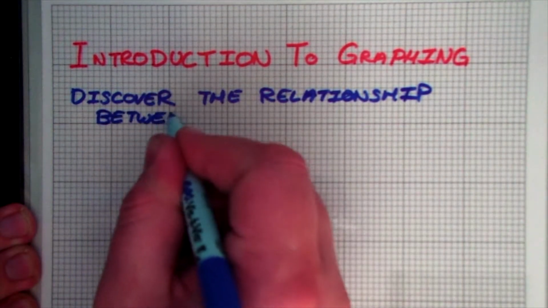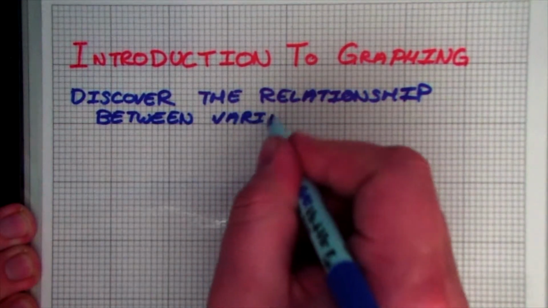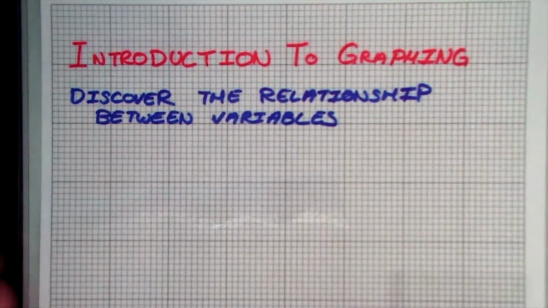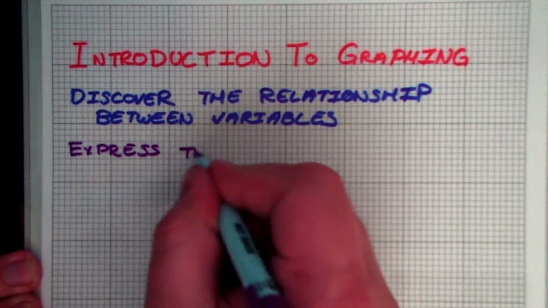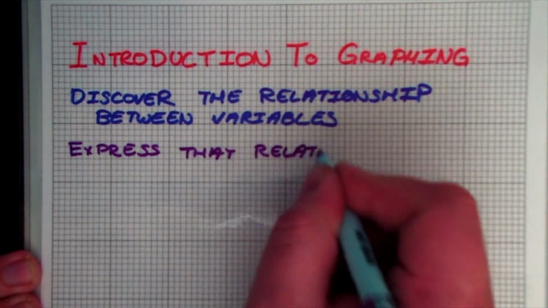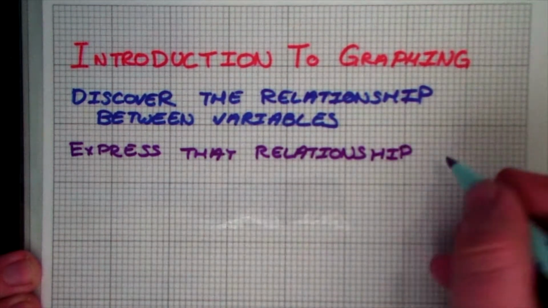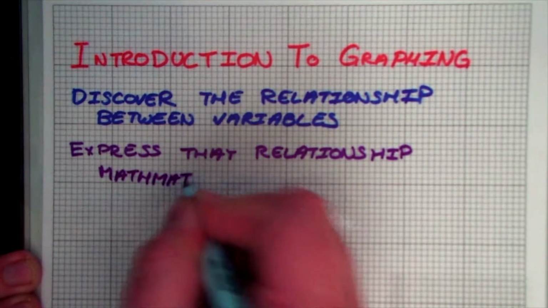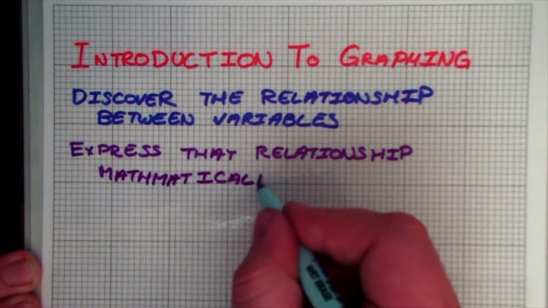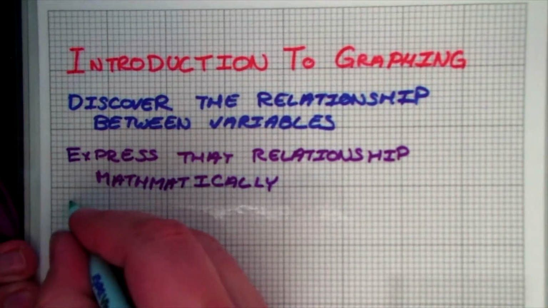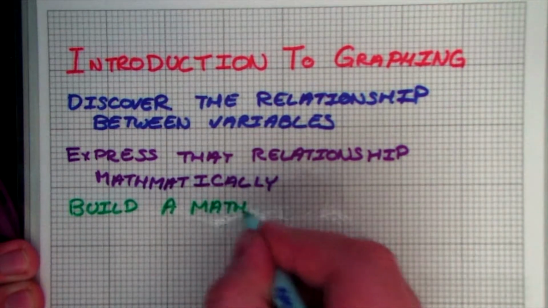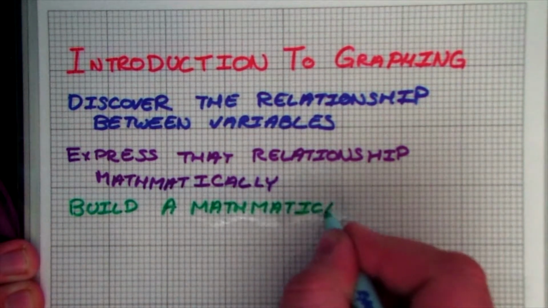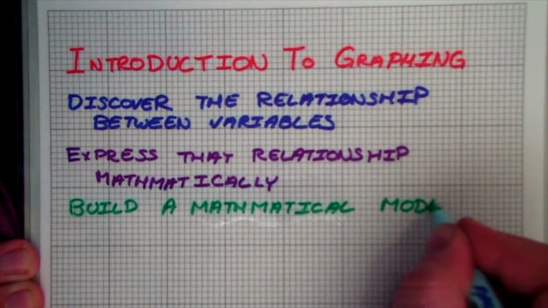For example, what you make a bridge out of and the strength of that bridge. What might be new to some of you is that then we take it one step further. It isn't enough to know that steel makes a stronger bridge than stone, but we want to discuss and find the mathematical relationship between those, and then to build a mathematical model that will allow us to make quantitative predictions.